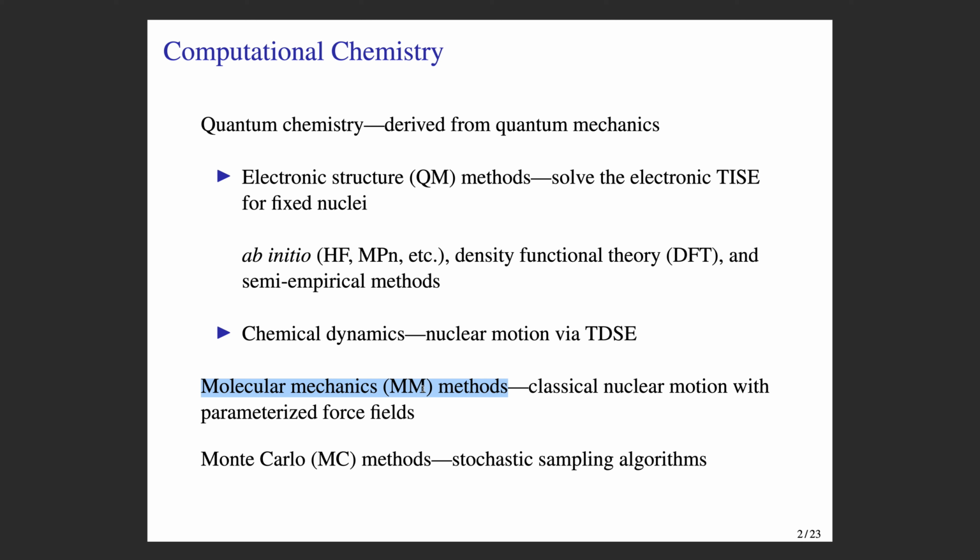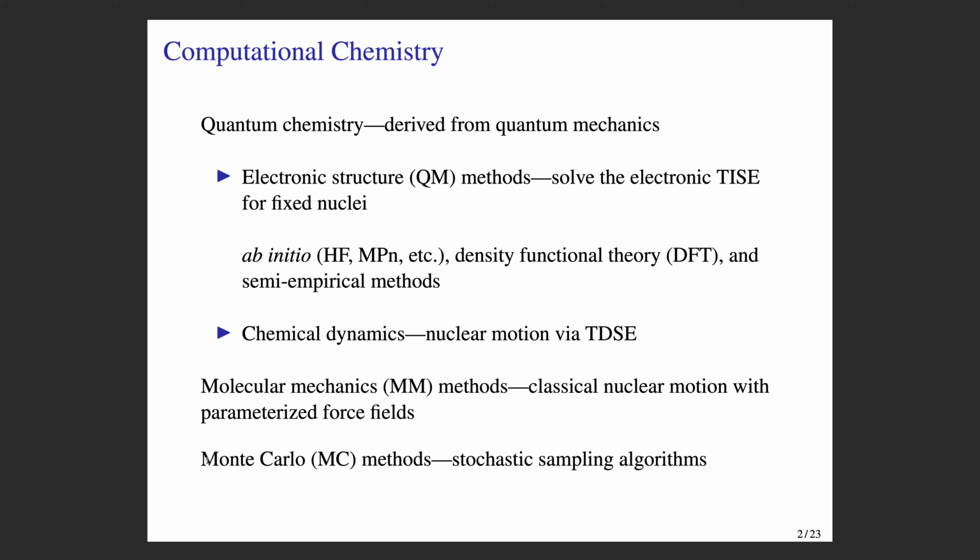We won't really be getting into any calculations involving molecular mechanics, but there's a whole branch of computational chemistry that focuses on developing force fields and developing methods in molecular mechanics that can treat very large molecular systems, whereas we're going to be focusing on small to medium-sized systems with our electronic structure calculations.